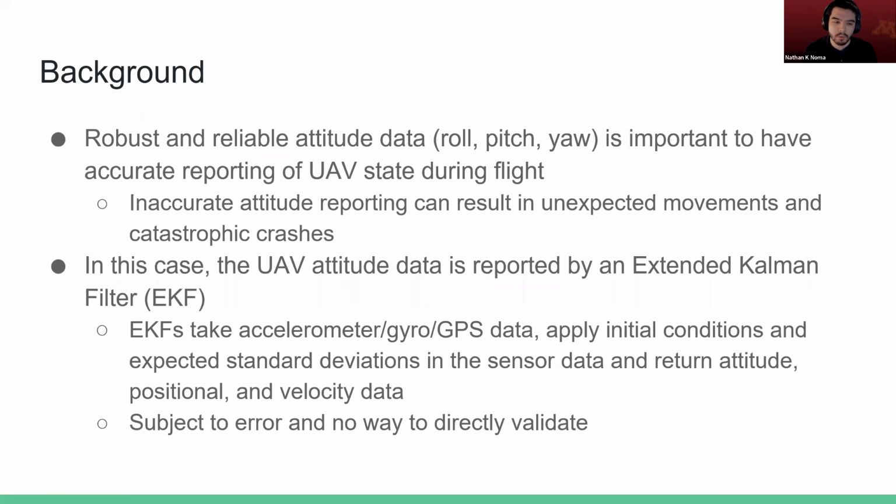In this case, the UAV that we used had data reported by an extended Kalman filter, which is essentially a filter that takes data from the accelerometer, IMUs, gyroscopes, and GPS, applies initial conditions and expected variances in the data reporting from those sensors, and returns attitude, positional, and velocity data.